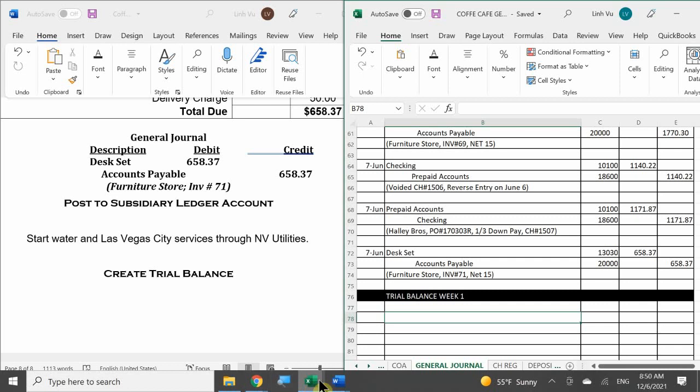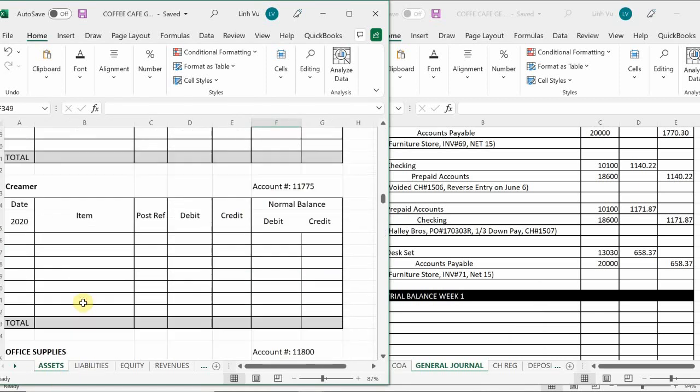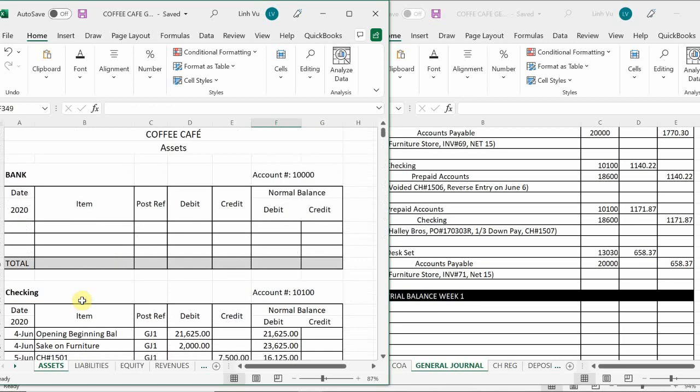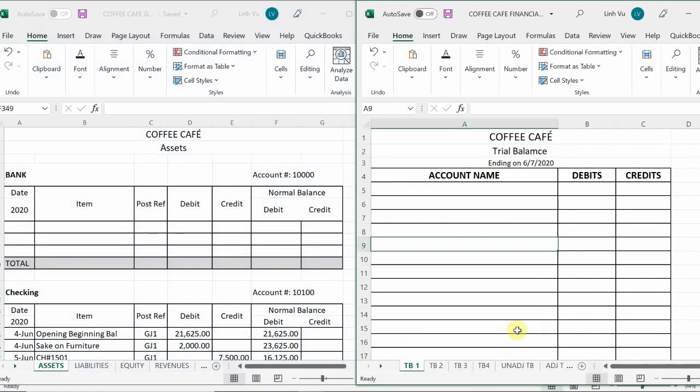The one that we're going to be using is, once again, your general ledger, because this is going to have a list of all of your accounts and every single account balance. Like I've mentioned before, we're going to take a look at our trial balance. Notice my trial balance has a column for all the account names.